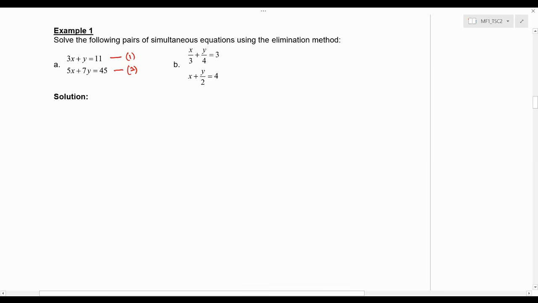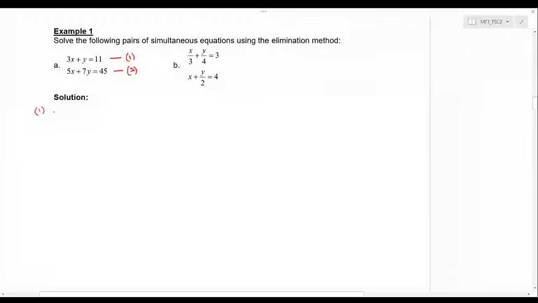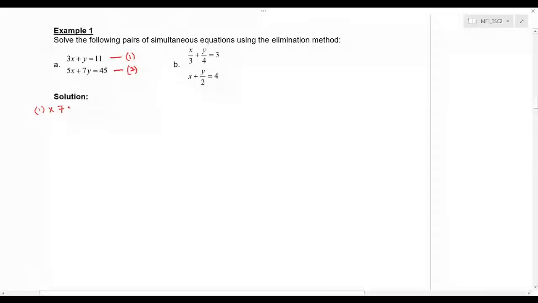You can adjust the numbers by multiplying equation 1 by 5 and equation 2 by 3, so that they both become 15x before you remove them. Personally, I find that this takes a little more time and is not as efficient. So it will be easier for me to multiply equation 1 by 7.